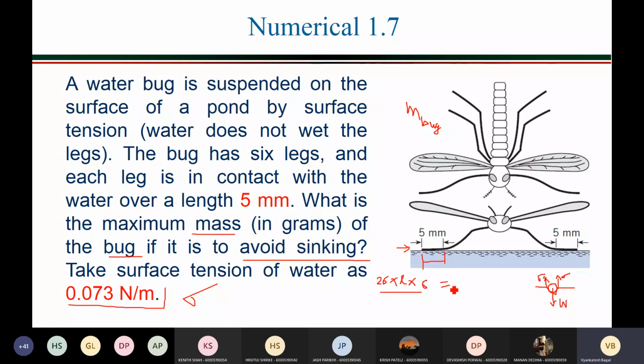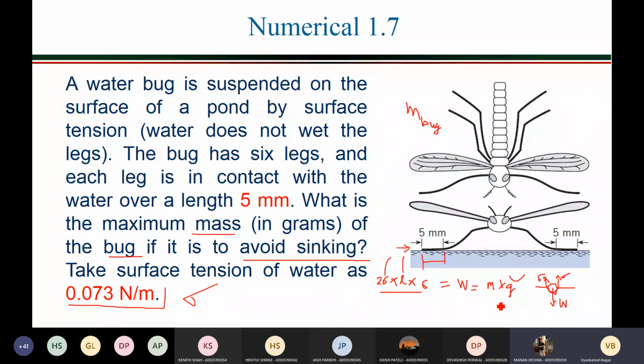This must be balanced by the weight of your bug. So weight of the bug, which is mass of the bug multiplied by g, acceleration due to gravity, right? So now remember that sigma is given, length which is in contact is also given, and this is 6, this is sigma, and g you can take.